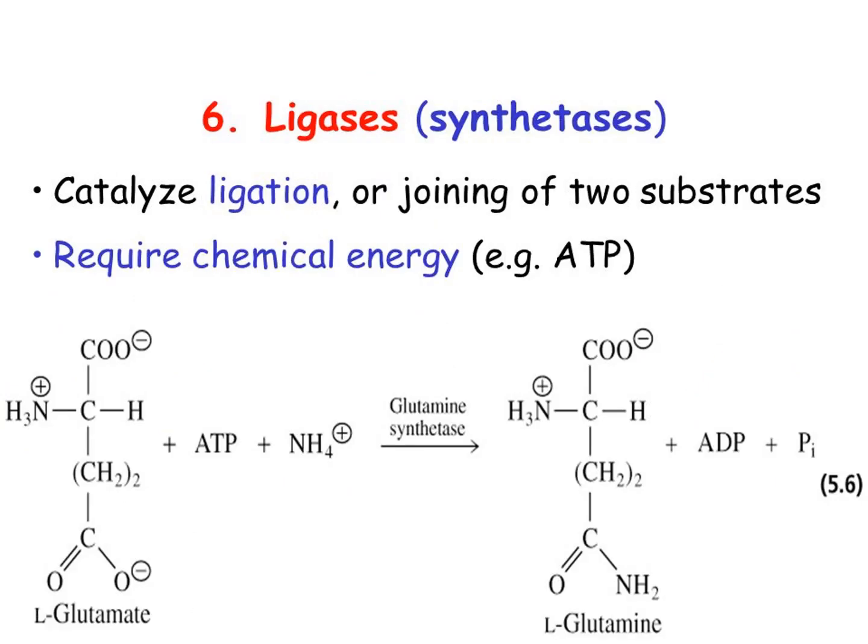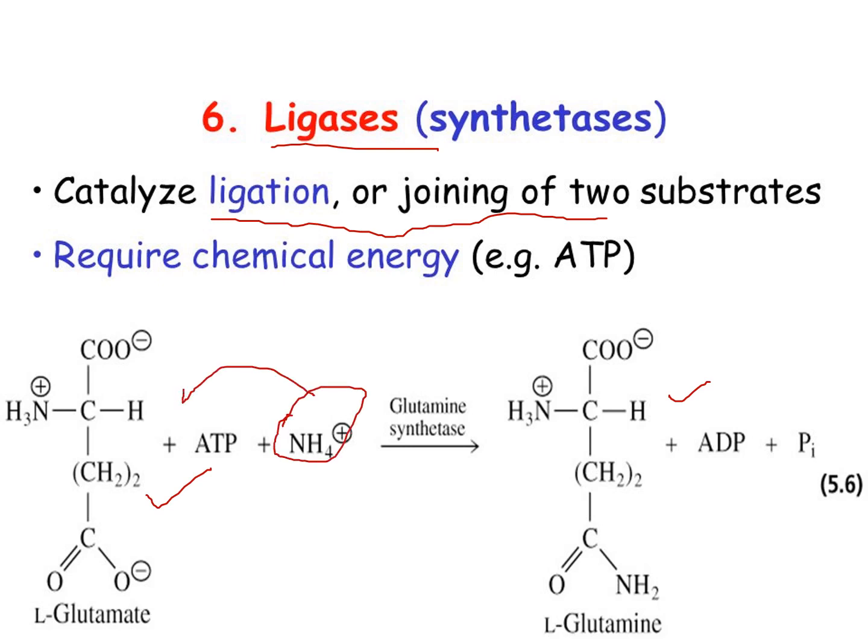The next one is ligases. These are the enzymes which catalyze ligation or joining reactions, the joining of two substrates. In this one, the first is L-glutamate and the second is the ammonium group, NH4 plus, which is being added to the L-glutamate molecule. What is the enzyme here?